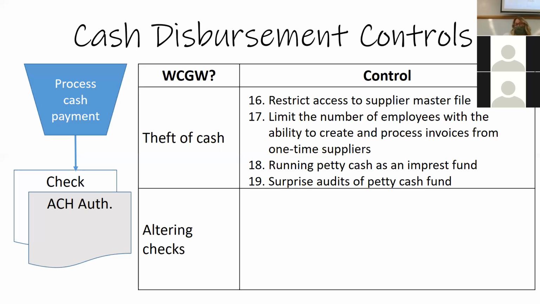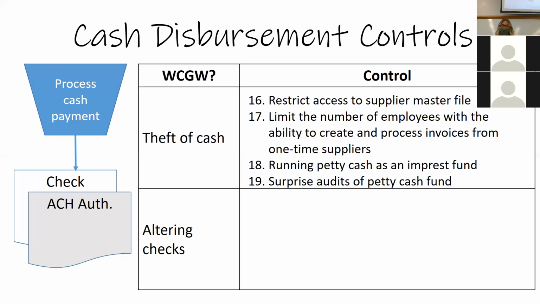Are there suppliers with duplicated addresses? Because one of them is the good supplier, one of them is not. Anytime something's a little bit amiss, it's not easy to commit fraud, but it's easier to commit fraud.